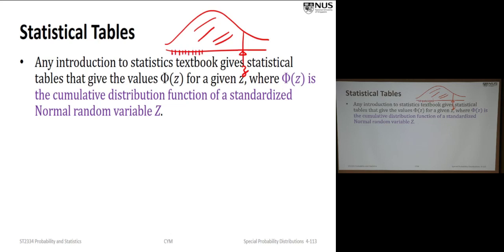The statistical table gives you, for example, 0, 0.1, 0.2, and so on, with the corresponding probabilities. So it does not give you every possible z value, only certain z values, but they are not so different. Start from 0, 0.01.